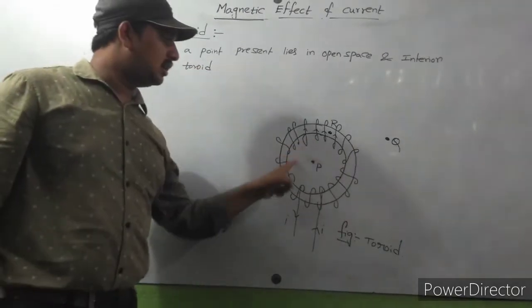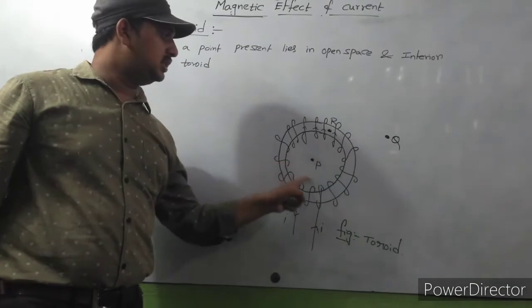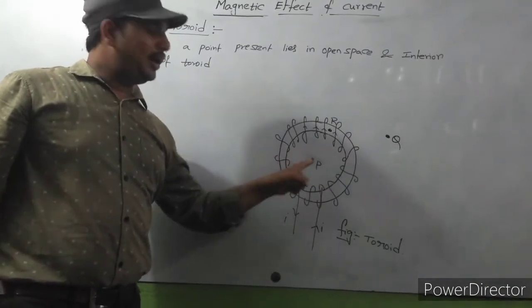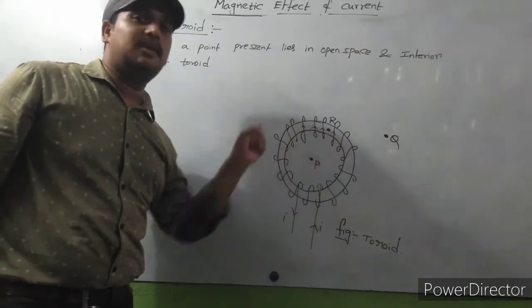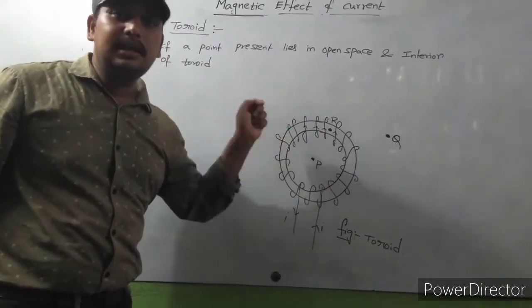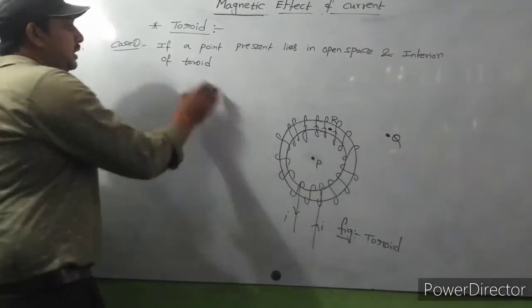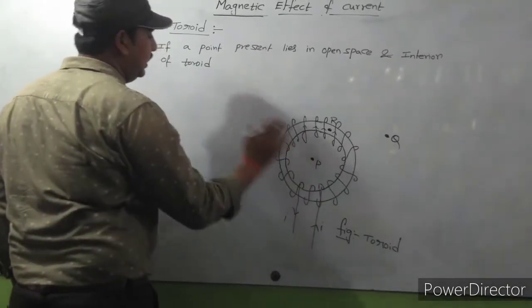Is this open space or not? There is open space because there is no matter here. The point lies in open space and it is the interior part of the toroid.